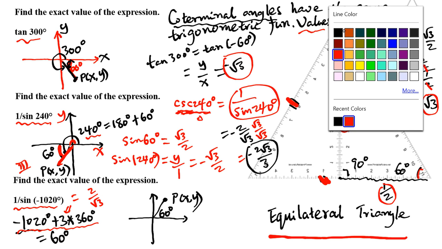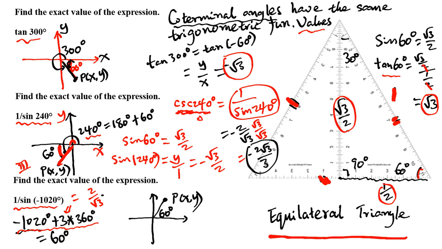Again, you may multiply this value by radical 3 over radical 3, so you get 2 radical 3 over 3. That's the final answer. In this case, it's positive. The previous one was negative because that angle is in the third quadrant; here it is in the first quadrant. So, that's it. I'll see you next time.